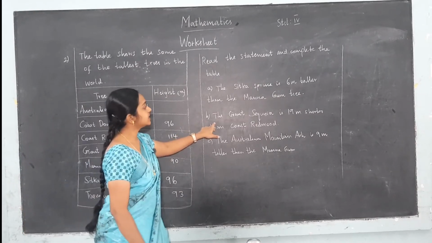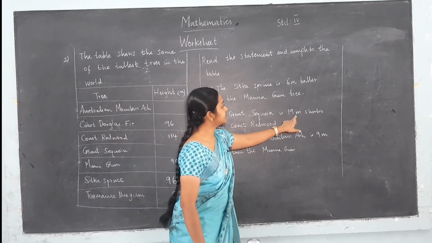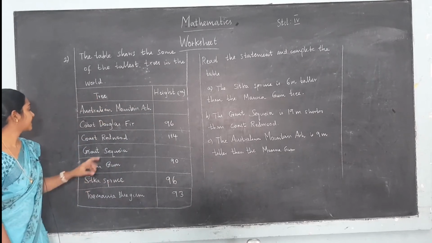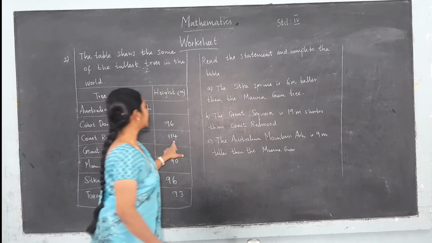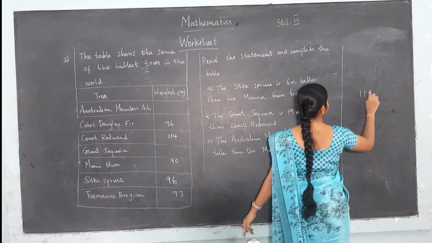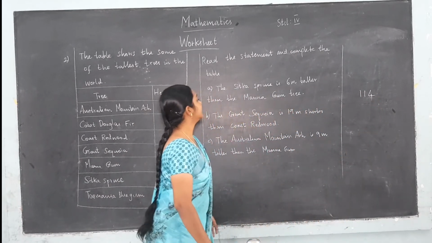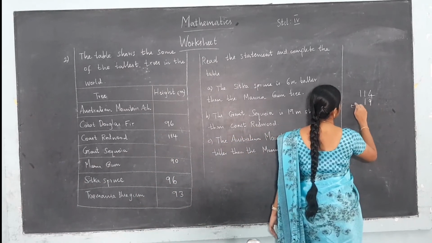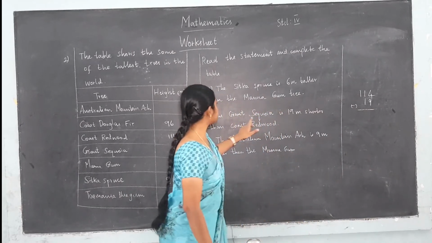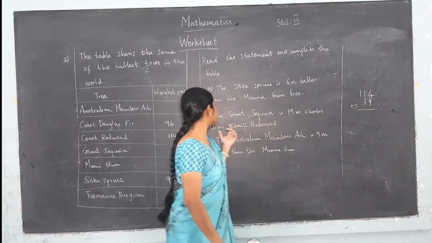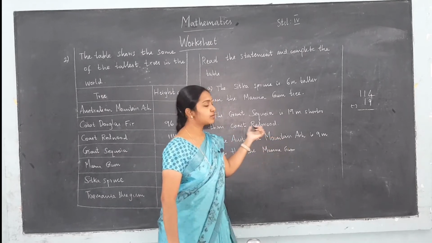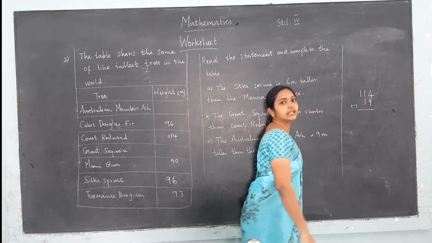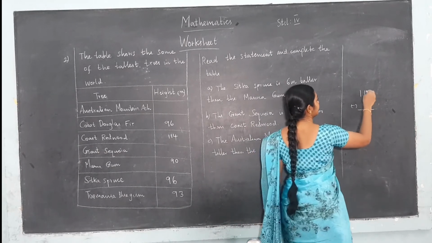Next, the Giant Sequoia is 19 meter shorter than Coast Redwood. Coast Redwood height is 114. With 114, we have to subtract 19 because it is given as shorter. 4 is smaller than 9, so we have to borrow from the before number.